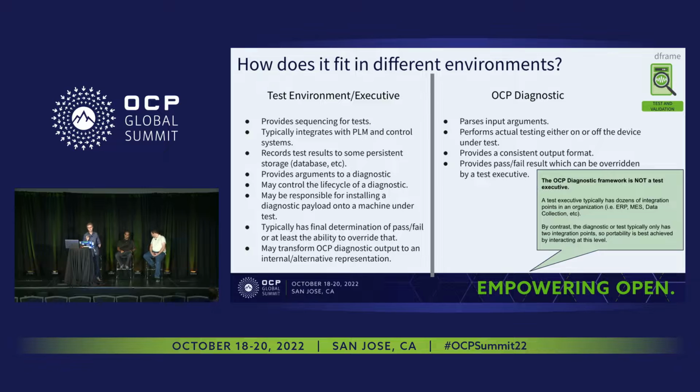So what is the test executive and what is the OCP diagnostic? We're not trying to come for your test executive, so we know that that's a battle we're not going to win, right? The test executive basically provides sequencing for the test. It typically integrates with a product lifecycle management system or a control system. This might be an MES system in a factory. It might be a repair system in a data center.